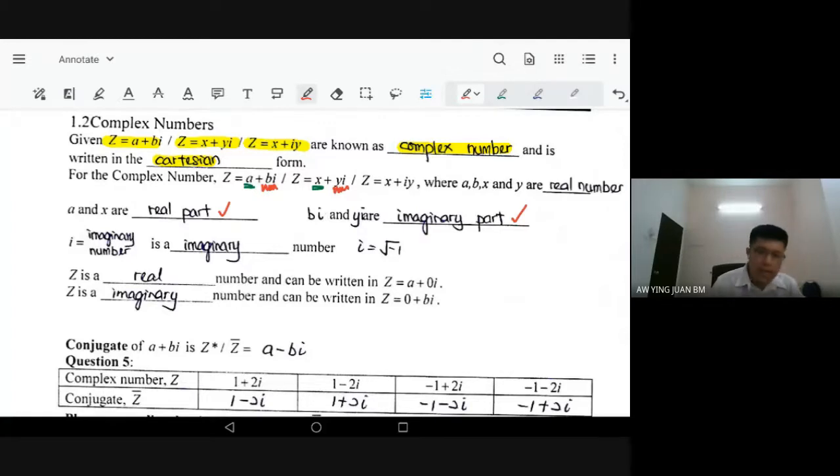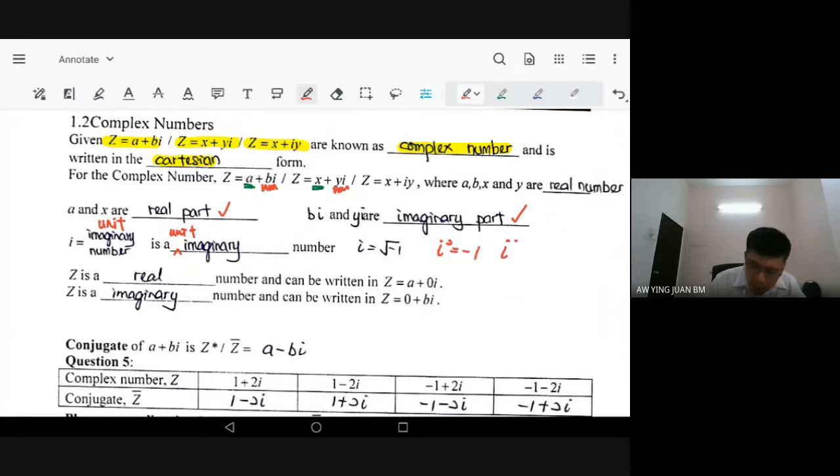So, I is a unit imaginary number. Tulis unit imaginary number. Okay? Then I is equals to square root of -1. Tambahan, I squared is equals to -1.